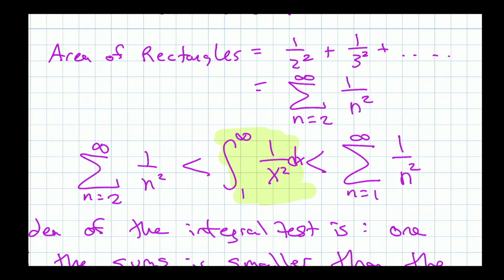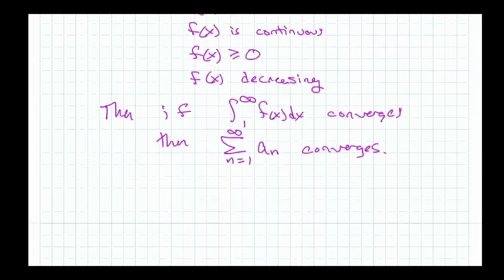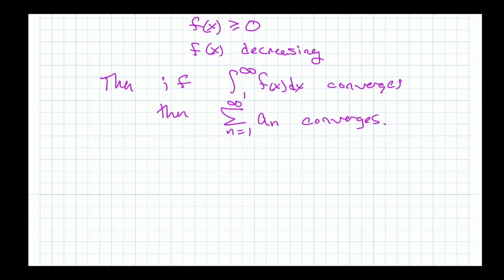If this one's finite, this one just has one extra number added onto it. So if you're not adding infinity, then this is not infinity. So if this one converges, then this one must also converge. Even though it's bigger than the integral, it can't be infinity. Okay? So that's the idea here. The moral of the story is if the integral converges, then the series converges.